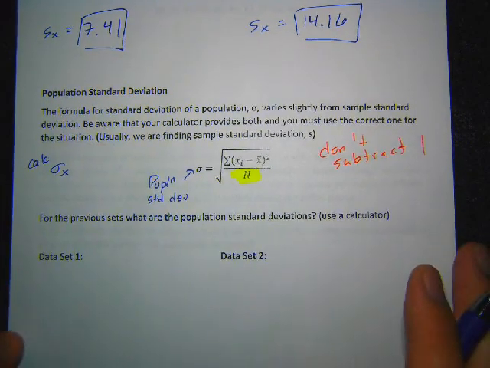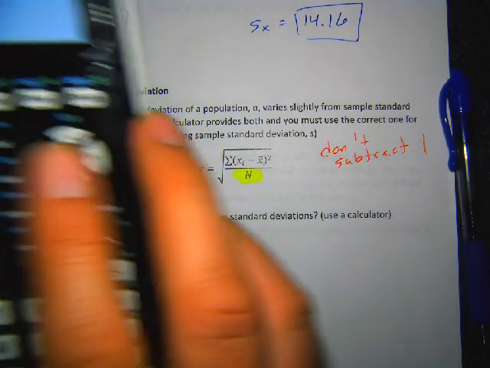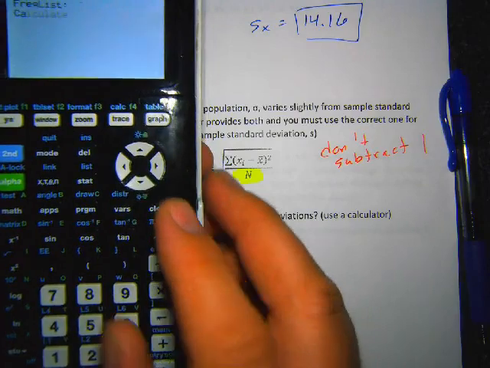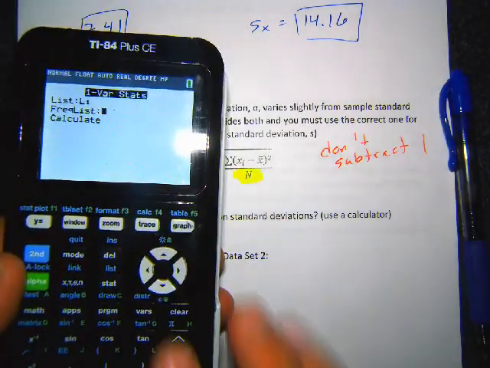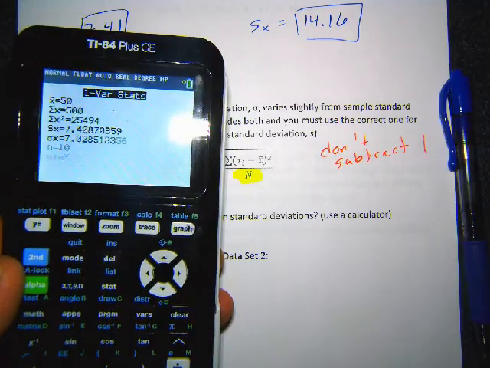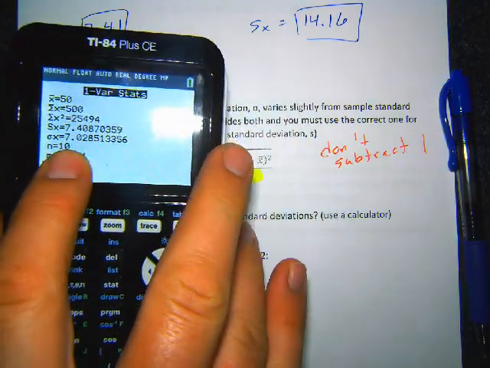All right, so going back to our data set 1 and 2, we can calculate for set 1. I put in my list 1 on here again, and then calculate. We can see that the sample was 7.4, but the population was 7.02.